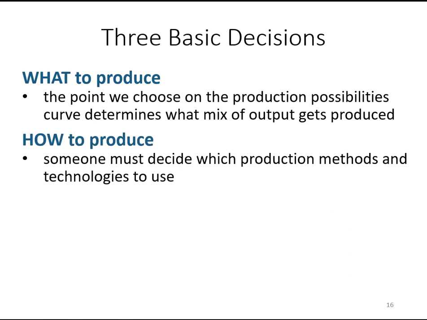So the second question: how to produce? Someone must decide which production method and technology to use. Should we import, or should we just produce domestically? I don't know how much attention you pay to government policy, but recently the government imposed a high tariff on all kinds of products that we import from other countries.